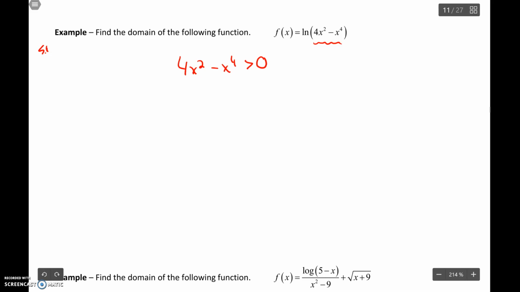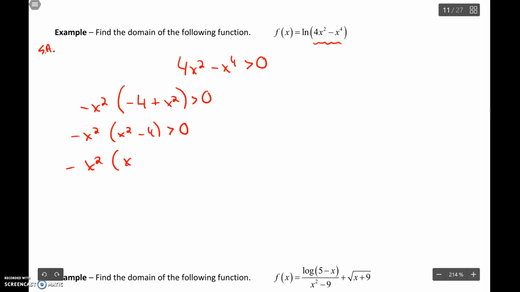Sign analysis. All right, so let's factor out a -x squared. That leaves me with -4 plus x squared. You rewrite the inside so the x squared is first, so I can factor in my comfort zone. -x squared, x plus 2, x minus 2.